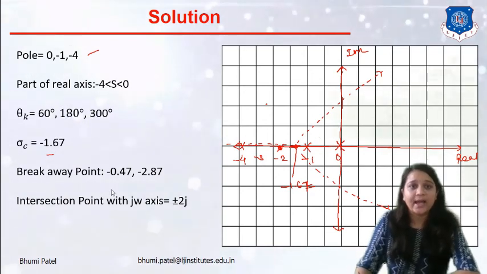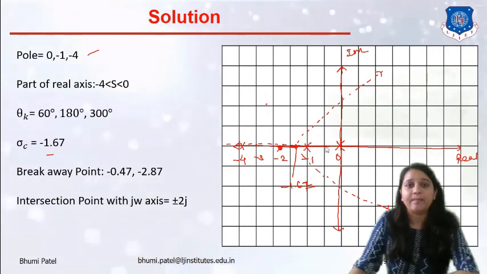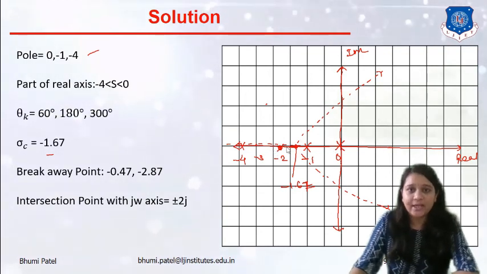Now we have to decide which breakaway point is valid and which breakaway point is invalid. So first of all, we have to decide in this step number 2 which area is the root locus area and which area is not the root locus area. So 0 to minus 1 is the root locus area, and minus 4 to minus infinity is also a root locus area.